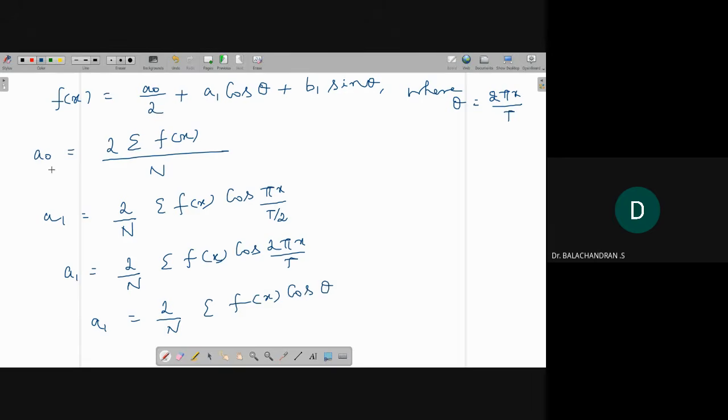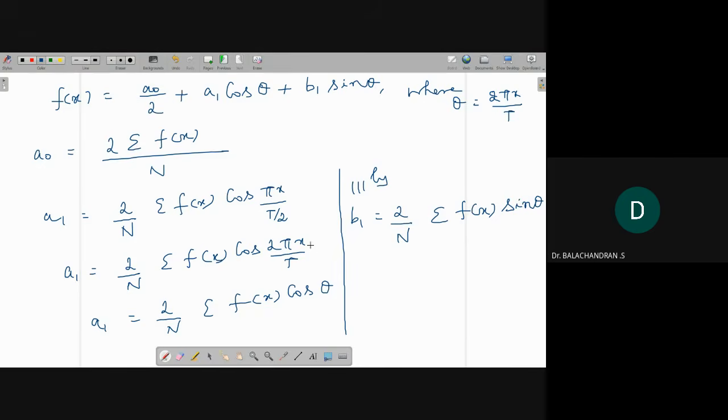Similarly, what is Bn? B1 equals 2 by n summation f of x into sin theta. I write it directly. If you want, you can write this step, then this step, and then this step.